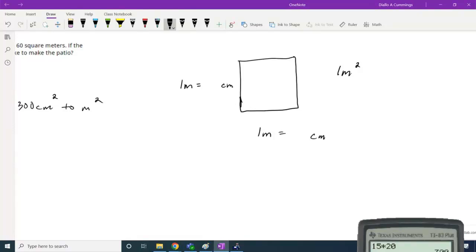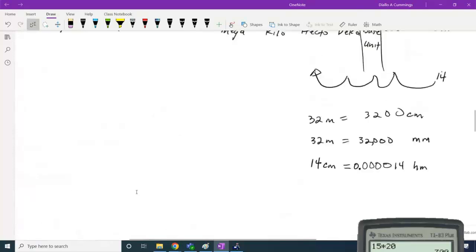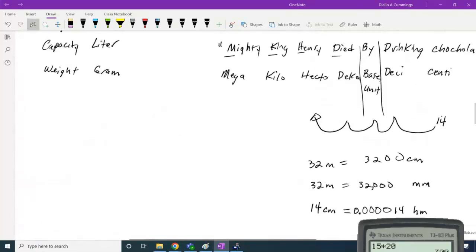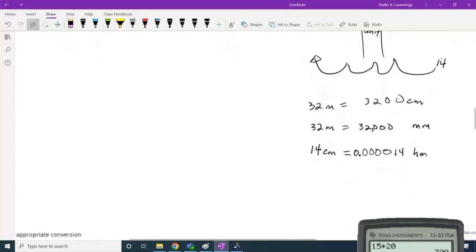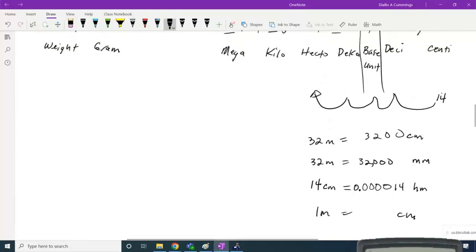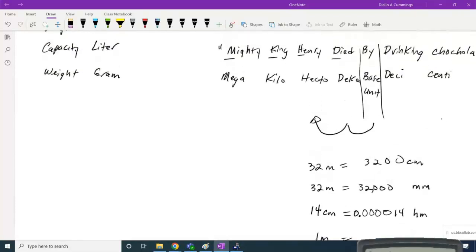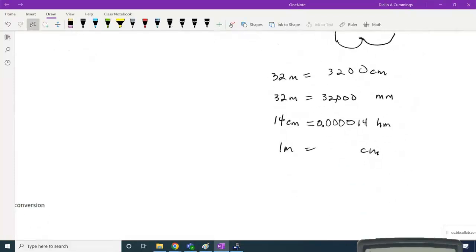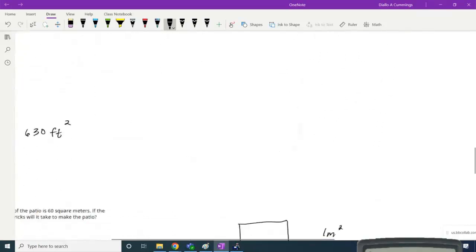One meter is how many centimeters? Well, if I go back up here, and if I had 1 meter, 1 meter would be in the center, right? If I want to convert meter to centimeter, I move the decimal 2 places to the right. So that means that 1 meter is 100 centimeters.